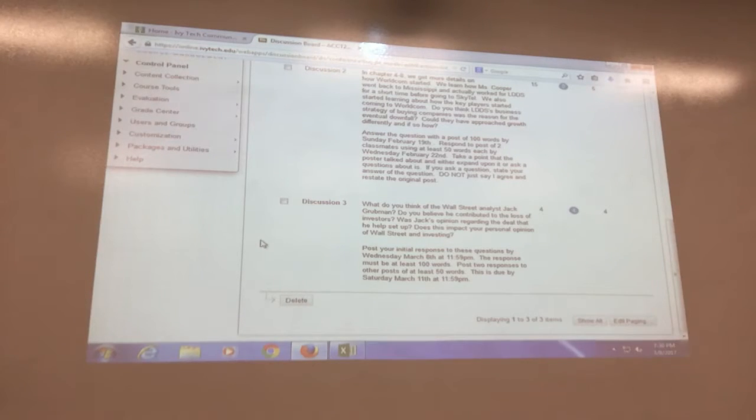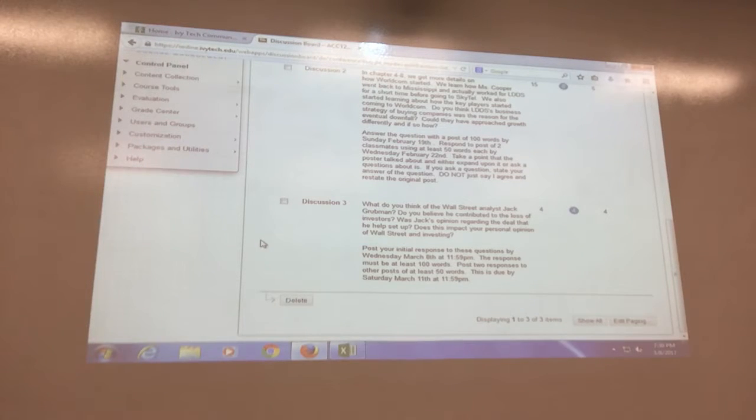So the question is basically, what do you think of the Wall Street analyst Jack Grubman, and do you believe he contributed to the loss of investors? Was Jack's opinion regarding the deal that he helped set up biased? Does this impact your personal opinion of Wall Street and investing? It kind of gave you a background of some of the things that go on behind the scenes.